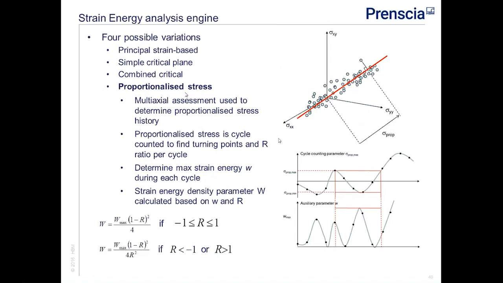This works by projecting the current stress point onto the best fit line that gives you the state of stress, and then we can rainflow count this proportionalized stress to find the turning points of each cycle and the load ratio. By looking at the largest strain energy density value that occurs during each cycle, and taking into account the R ratio, we can calculate a strain energy parameter. I know I'm going over this rather quickly, but if you're interested in the details, they're all documented in the online DesignLife documentation.